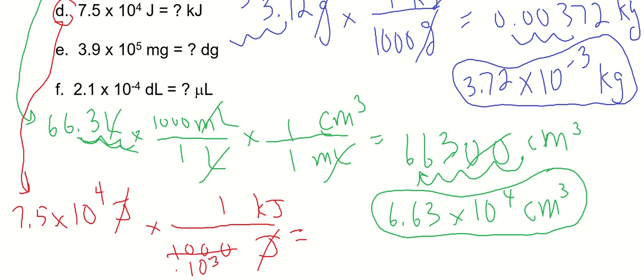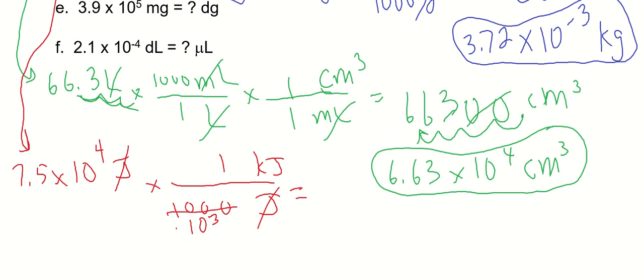So our answer is going to be 7.5 times 10 to the, 4 minus 3 is 1. And the unit is kilojoules.